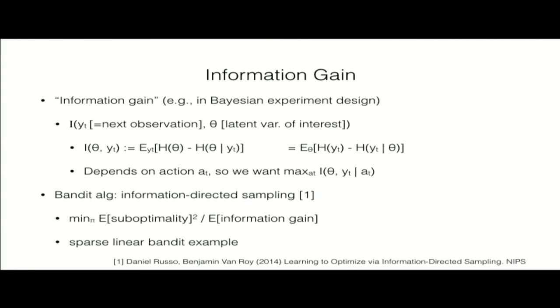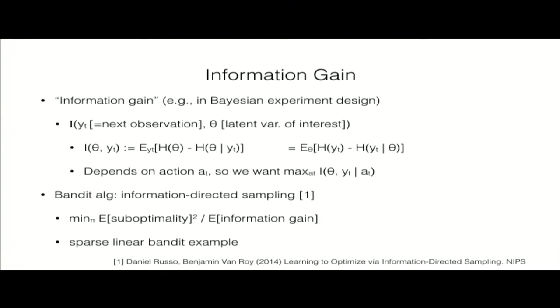But this is the one that we're actually going to measure in practice. So we're going to have a certain uncertainty over our parameter before we do the measurement, and then we're going to have another uncertainty afterwards. This mutual information is always positive, though the thing inside the expectation isn't always positive. Our entropy might go up.